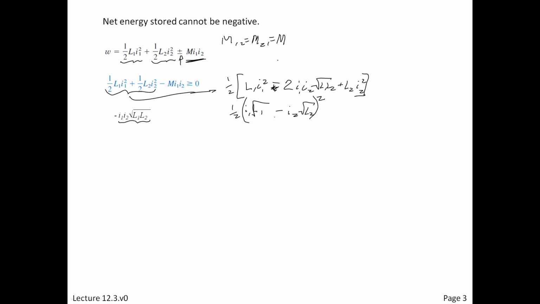So if I square this term, I get that. If I square this term, I get that. And if I do the cross product and double it, I get that. Okay? So that's a nice squared term.